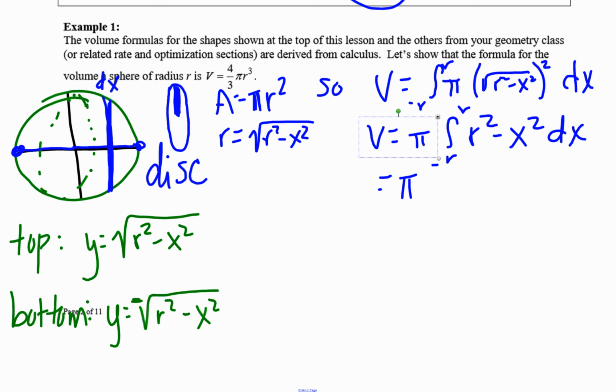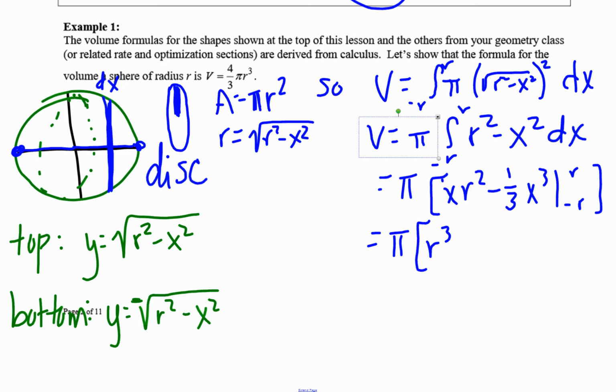Okay, so if we take the antiderivative, we get this. Plug in our values. What's that? r cubed minus r cubed over 3. And for this one we would just change the signs.